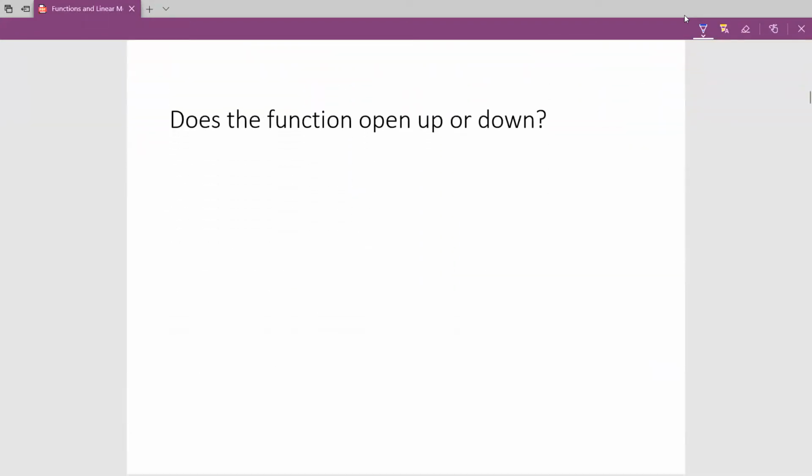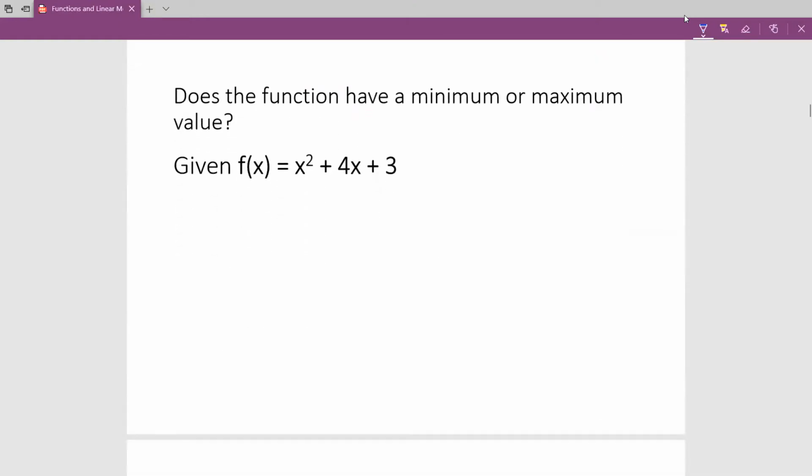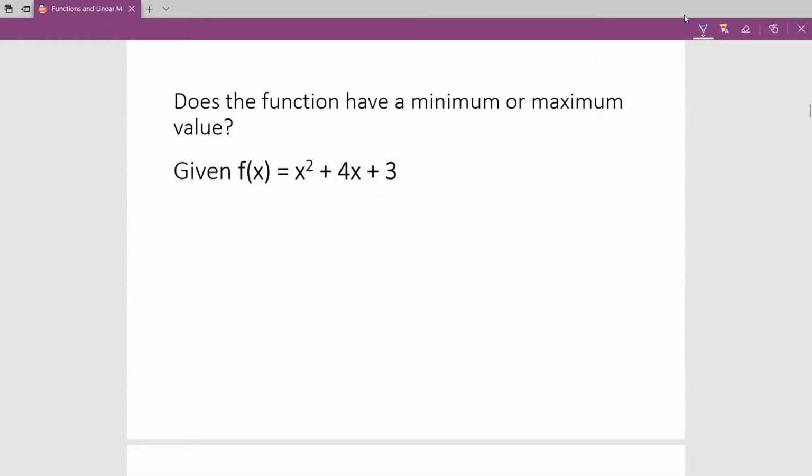Does the function open up or down? Since a is more than 0, it opens up. And does the function have a minimum or a maximum value? Since it opens up, it has a minimum value.